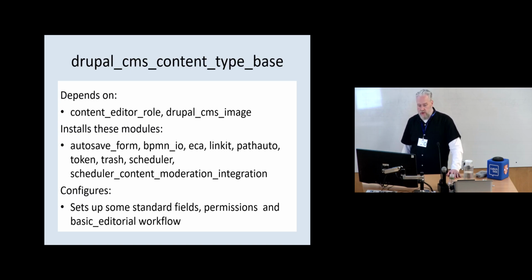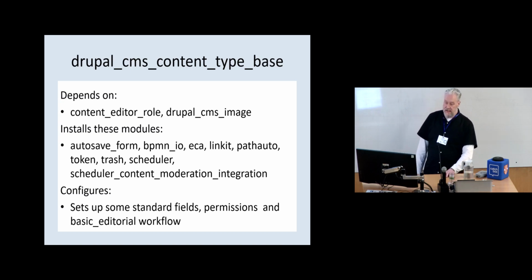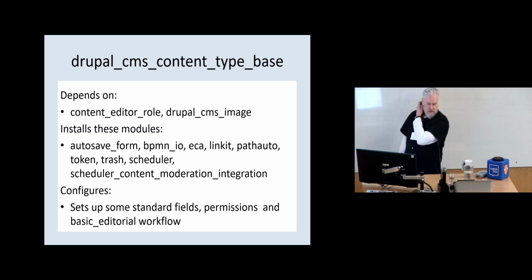We also have Autosave Form. Again, we've got BPMN.io, ECA to help with some workflow stuff. Linkit, Pathauto, Token, Trash, Scheduler, and Scheduler Content Moderation Integration. So basically, all of them are allowing you to schedule publishing of your content for later.